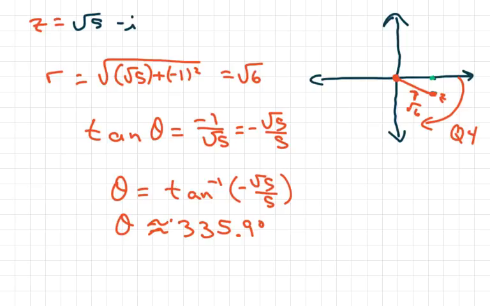And when you write this down, you get z equals r times cosine of 335.9 degrees plus i times sine of, why do I always not leave room? 335.9 degrees. Okay, so that's it.